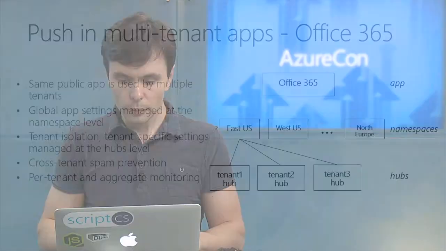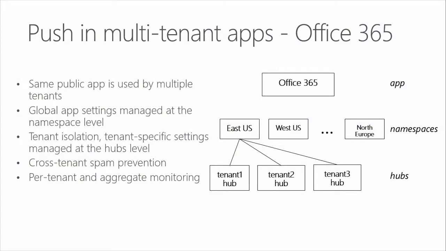Notification Hubs have taken a good care of representing multi-tenant scenario, since we have a number of ISVs, a number of customers building multi-tenant applications. What we recommend is for your single app that is in the App Store, you create namespaces that reflect geolocations or otherwise stable partitions of your app across the globe.